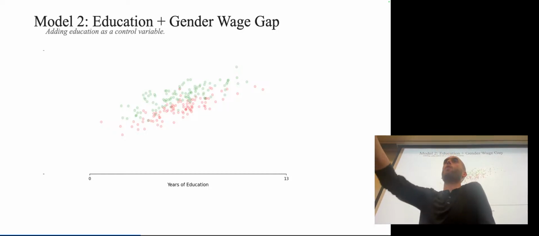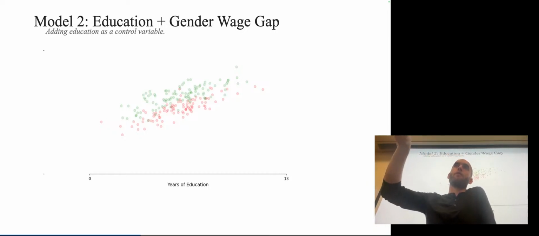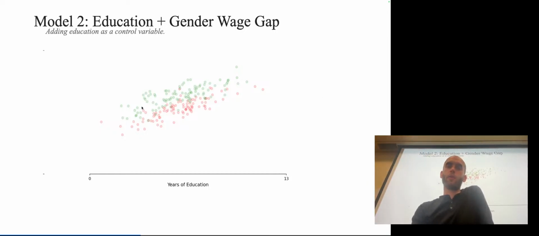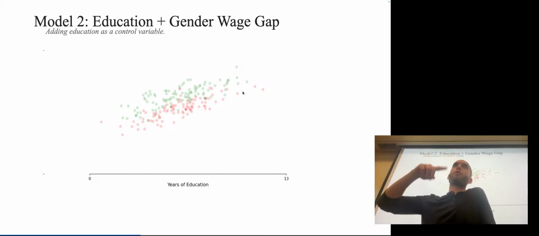Okay, so we're going to draw two lines, one for both of the groups. So we'll draw a green line through the green data and a red line through the red data. And then we're just going to check whether the vertical intercepts are different.